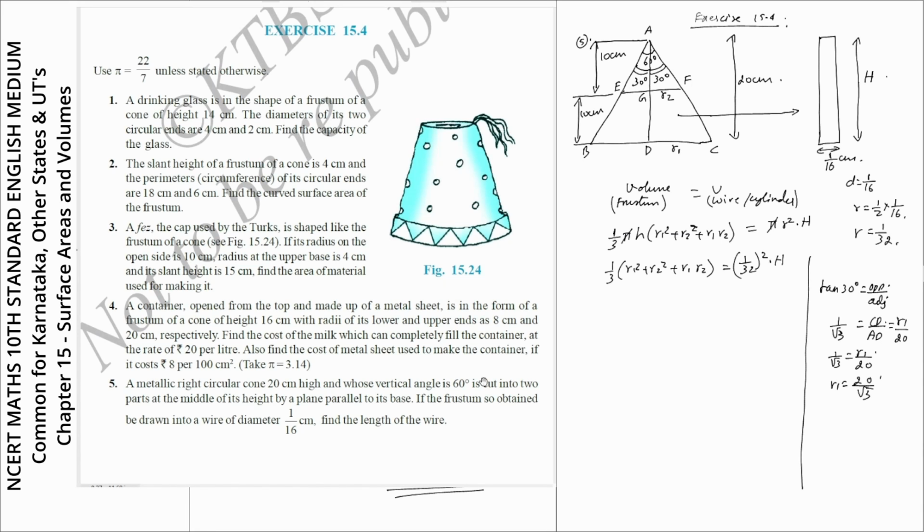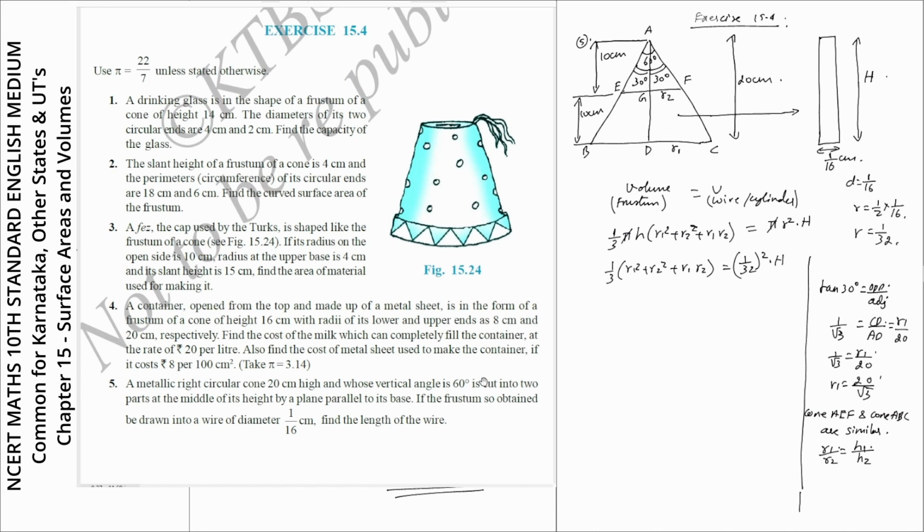Now, what is r2? Cone AEF and cone ABC are similar. So they are similar, and hence the ratio of the radius will be equal to the ratio of the height, that is r1 by r2 will be equal to h1 by h2.